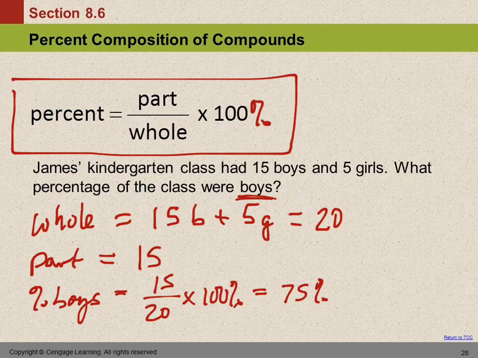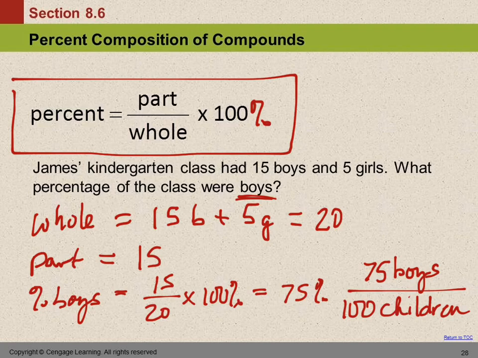Percent can also be thought of as parts per 100 parts. Per cent. How many cents in a dollar? 100. How many years in a century? 100. Per cent. Per 100. So this 75% is the same as 75 boys per 100 children.